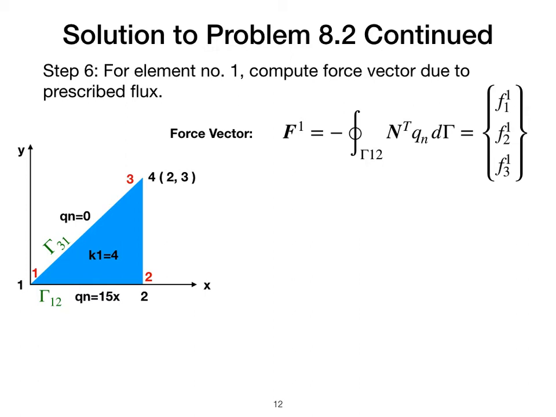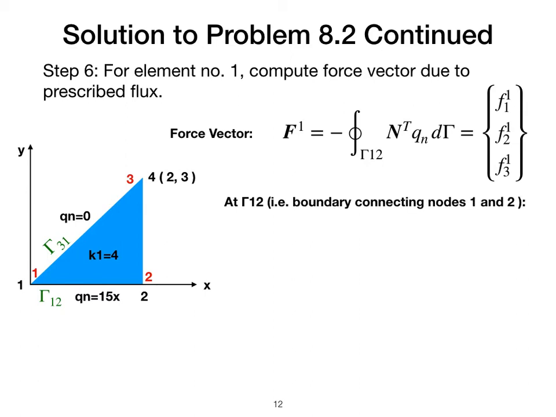Since Qn equal to 0 at gamma 3 1, the contribution for this boundary will be 0. Hence F1 will be calculated at gamma 1 2 only. Let us say the values are a vector containing F11, F12 and F13.